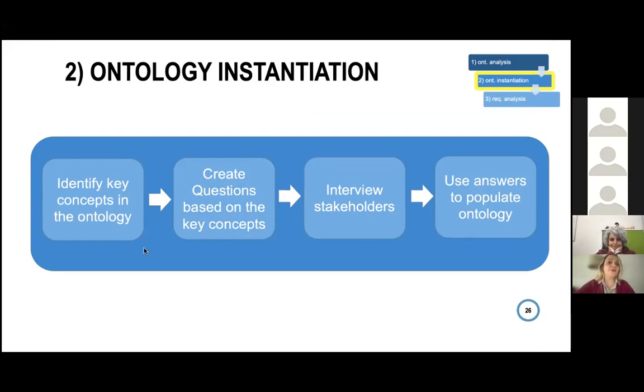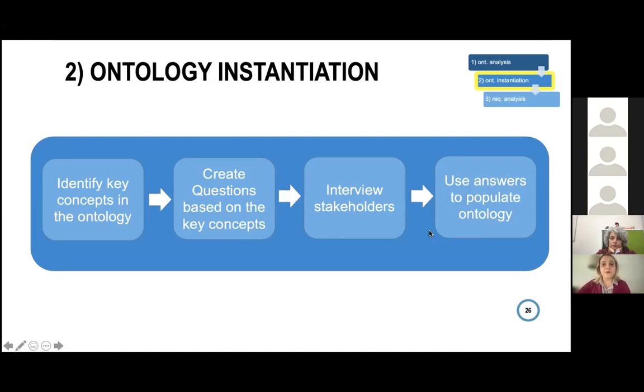We can decompose this phase into 4 activities. The first thing is to identify the key concepts in the ontology and to create questions based on these key concepts. Following, we can send the questions through a questionnaire, or we can interview the stakeholders, and finally use the answers to populate the ontology.